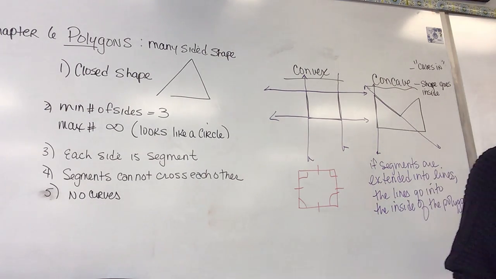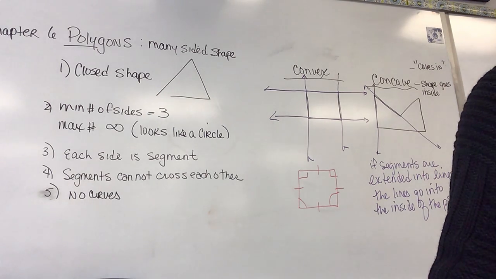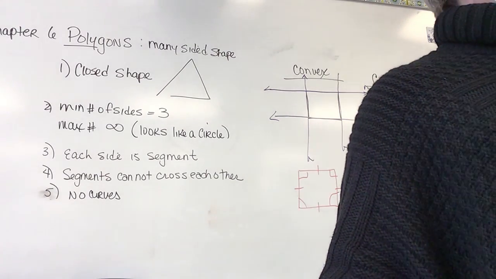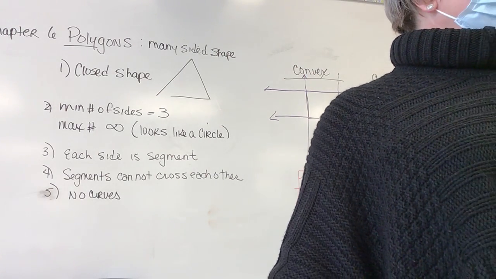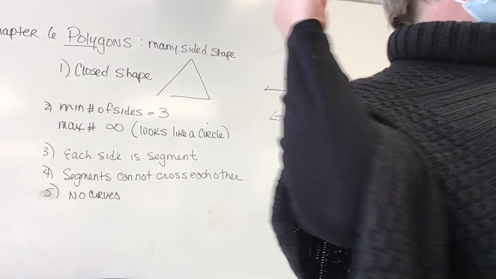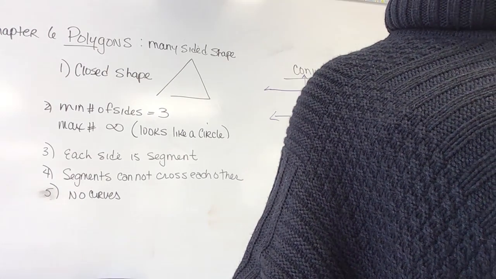Okay, let's see how good you are with names. Now let's go to your purple or your green sheet, whatever color you got. Let's do the first column going down. How many sides does a triangle have? And everyone's going to say? 3. How about quadrilateral? 4.